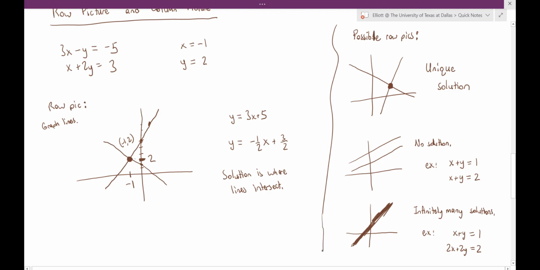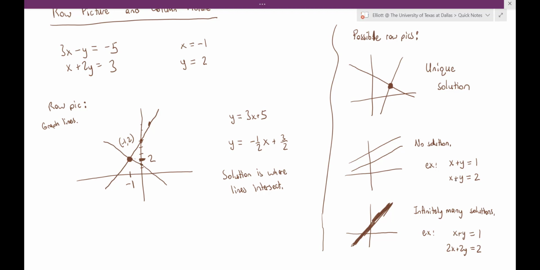Now this is just looking at 2x2 systems, 2 equations, 2 unknowns. But it turns out that this persists no matter how many equations and how many unknowns you have. It will always be the case that there will either be a unique solution or no solution or infinitely many solutions.